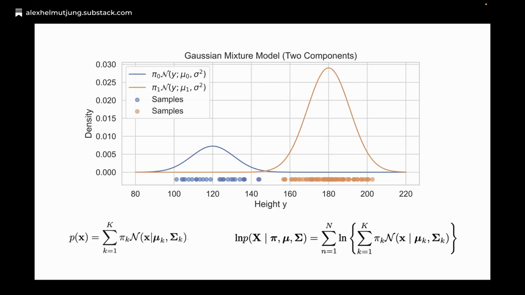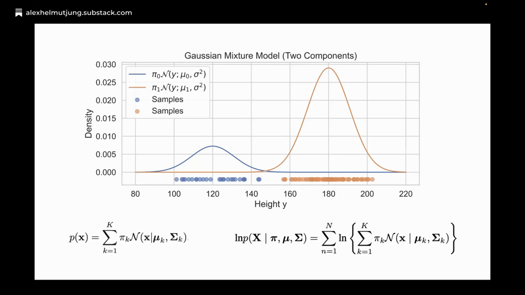Roughly speaking, it just quantifies the contribution of each Gaussian to the total distribution. For example, here we can see there are more data points of this orange color than this blue one, so we can expect pi k to be larger for this Gaussian than for this Gaussian. It's just like a proportion for both distributions.